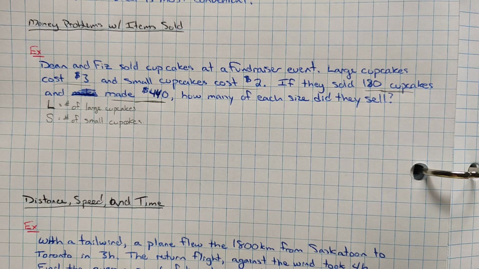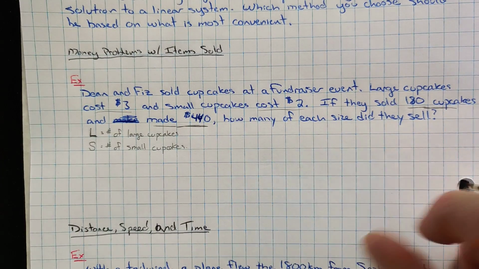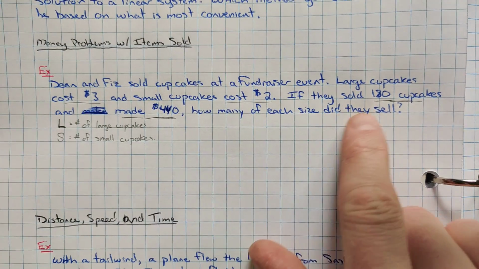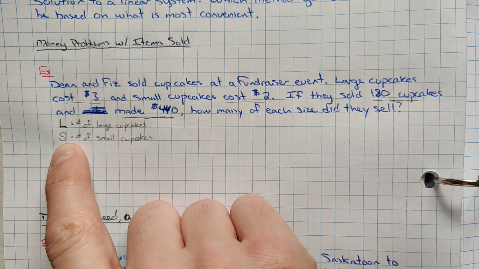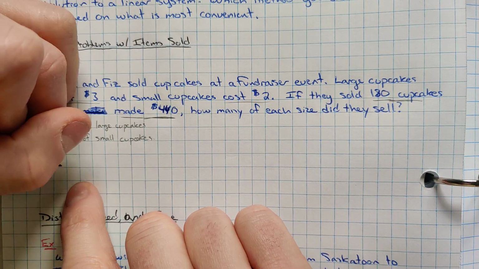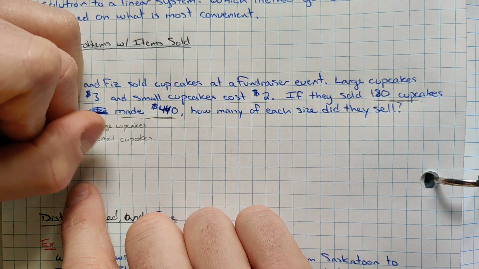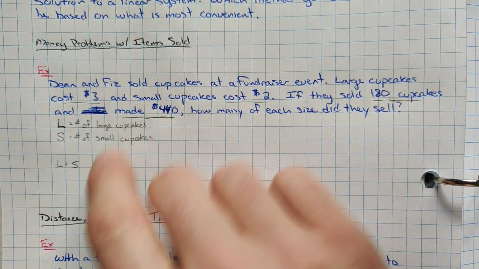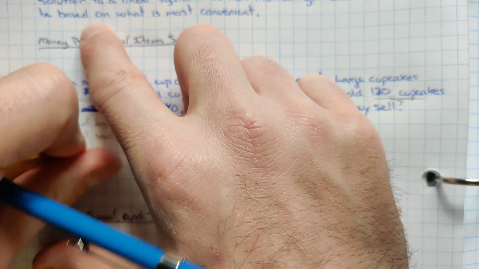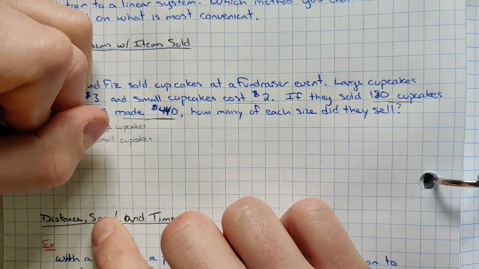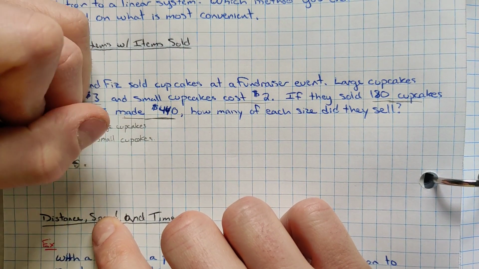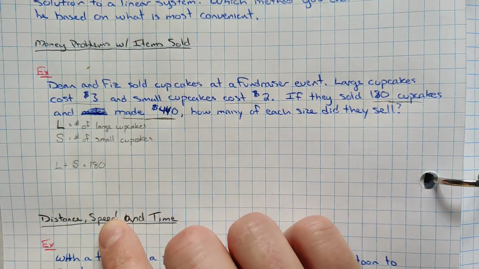And then we need to make a couple of equations. So our equations here: we have the number of cupcakes sold is 180. So the number of large plus the number of small should be 180. So L plus S, there you go, my S looks like a 5, equals 180.